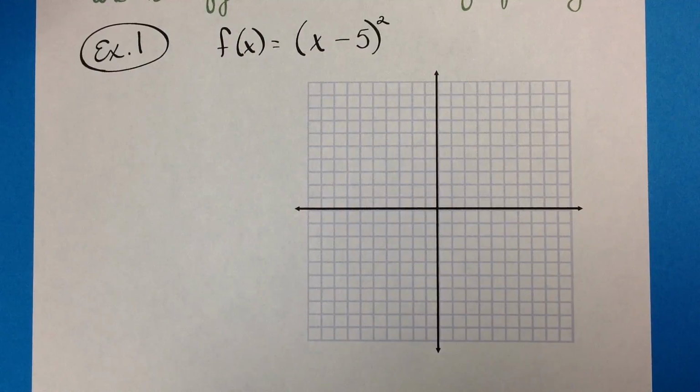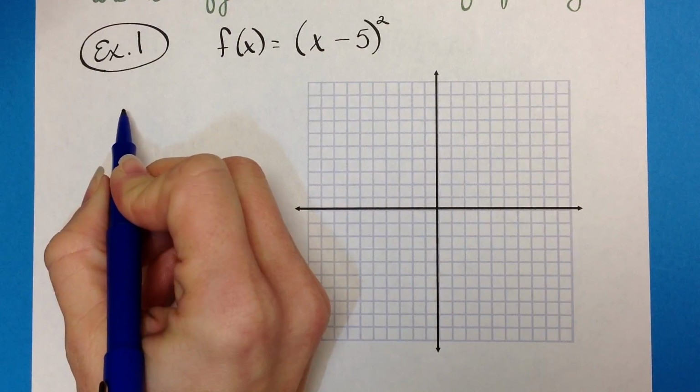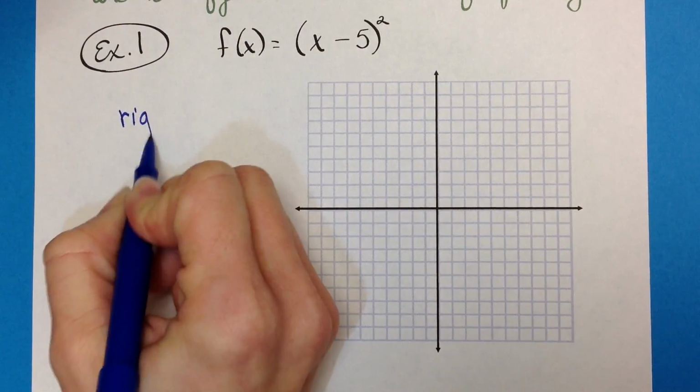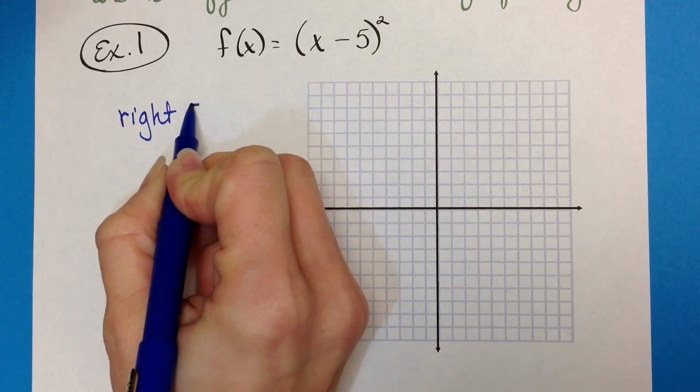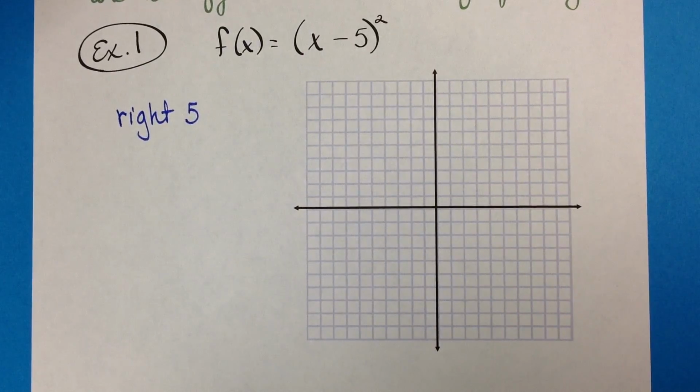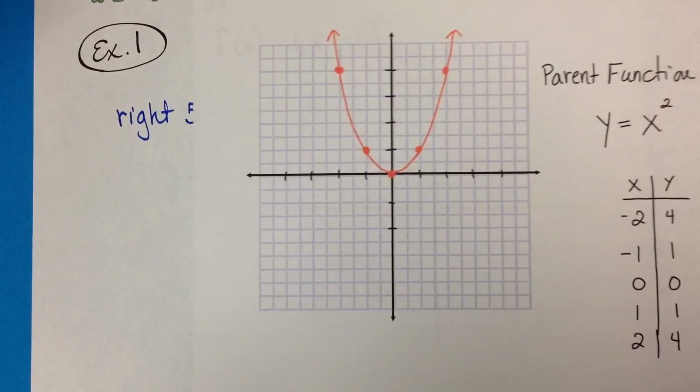So when I say identify the transformations, I want you to list that. So we're going to have right 5.